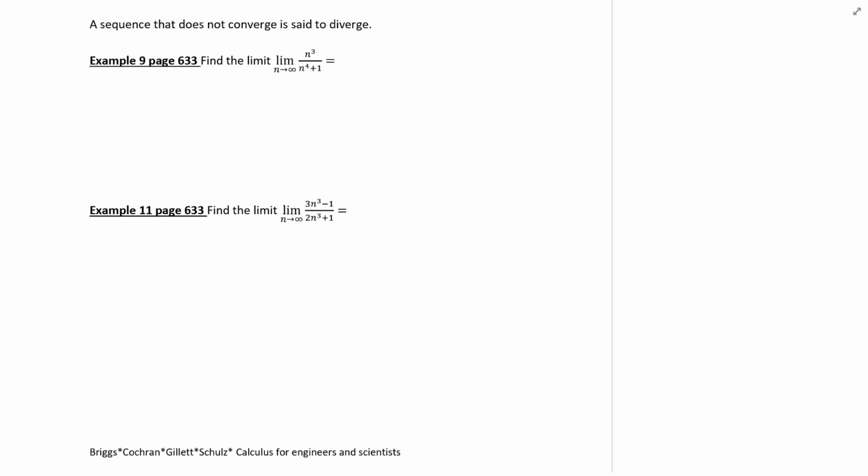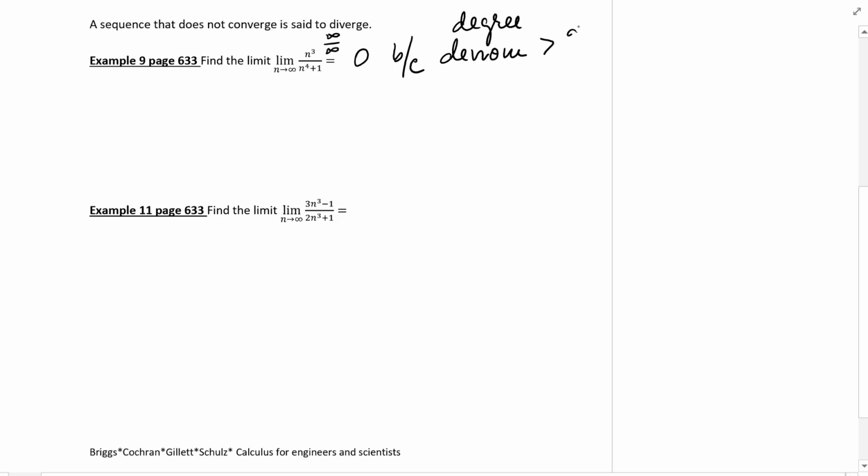So the limit as n is approaching infinity of n cubed over n to the fourth plus 1, well, if you calculate, it's infinity over infinity, so we can do L'Hopital, but we can also say that it's equal to 0, because the degree of the denominator is greater than the degree of the numerator.